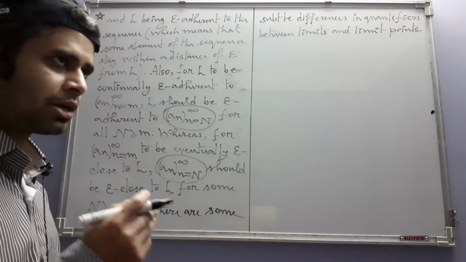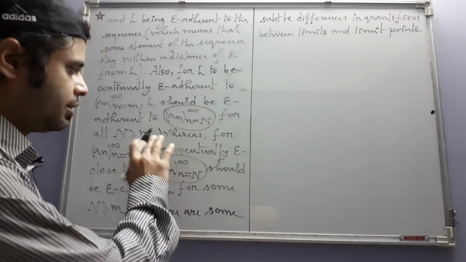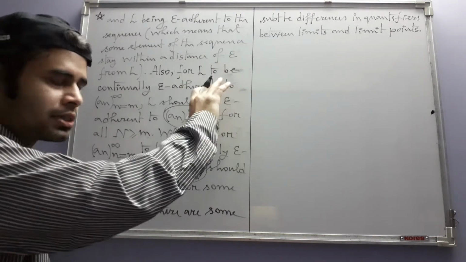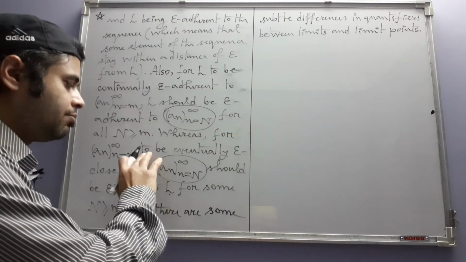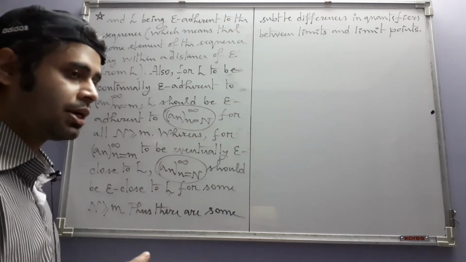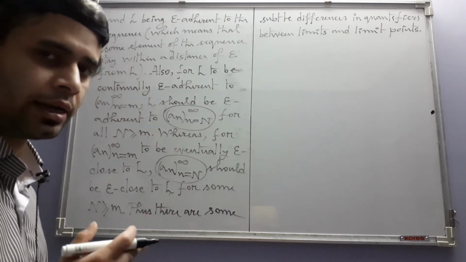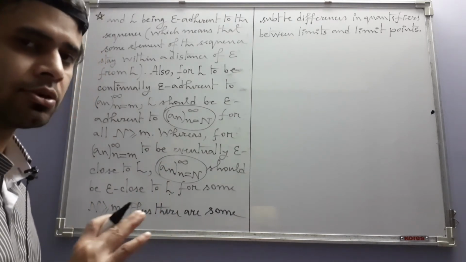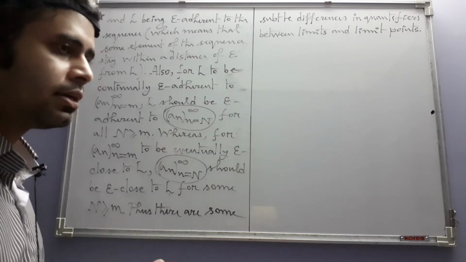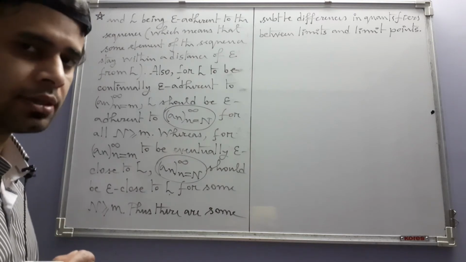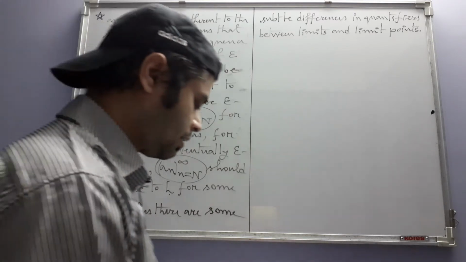It's not plus infinity or minus infinity. In the first definition, we have considered a sequence and we are saying that a real number x is said to be a limit point or an adherent point of the sequence if so and so conditions are true. However, this can be extended to include plus and minus infinity. We will see this thing in the exercises.